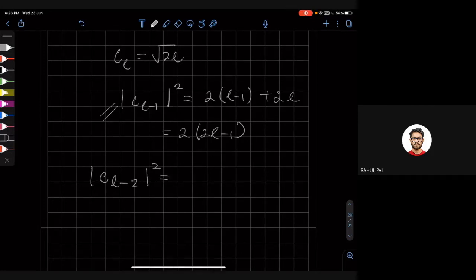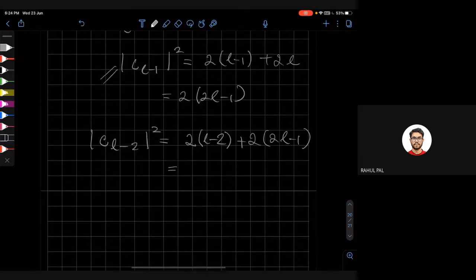Again, m is going to be 2 times 2L minus 1. Sorry, that's the value of C_{L-1}. And m is going to be 2 times L minus 2. Then we can write this in a suggestive way: 2 times 3L minus 1 minus 2.